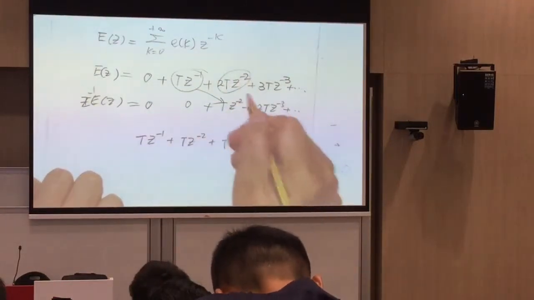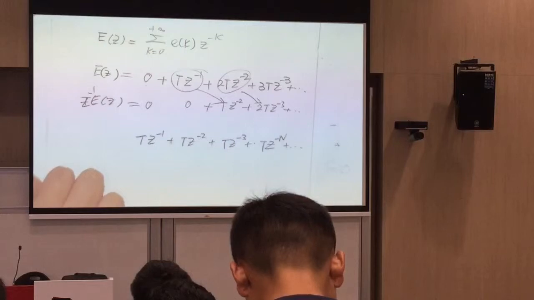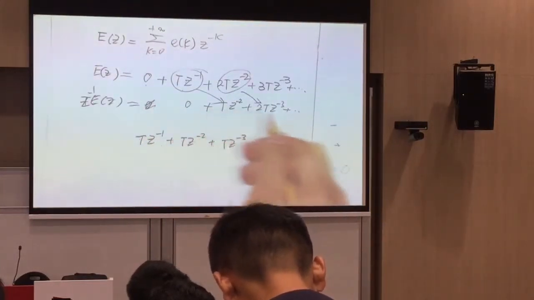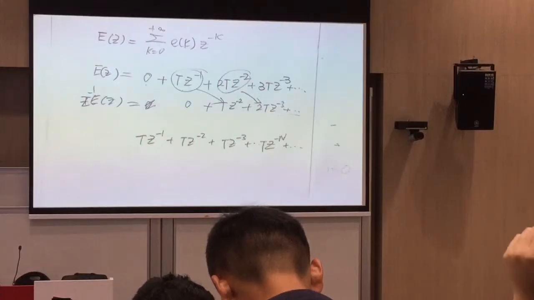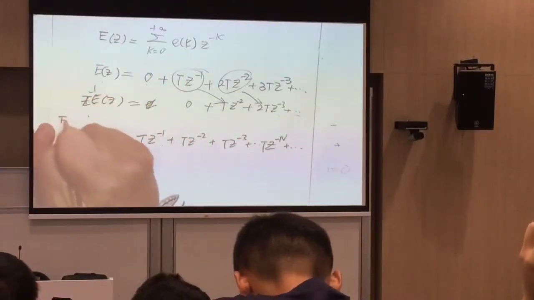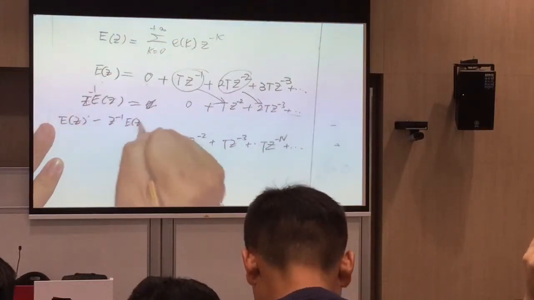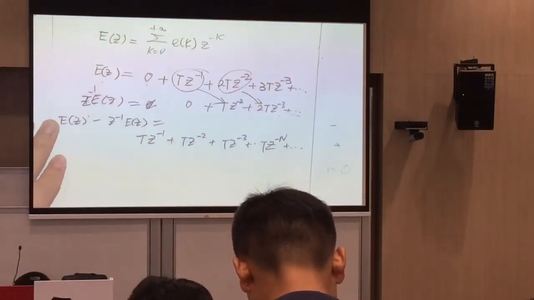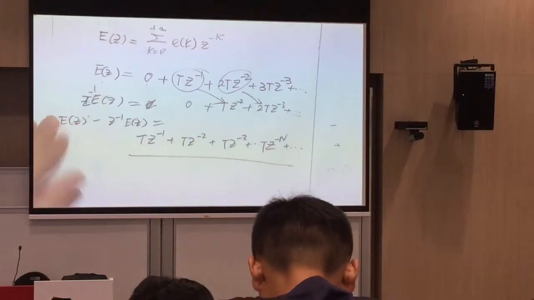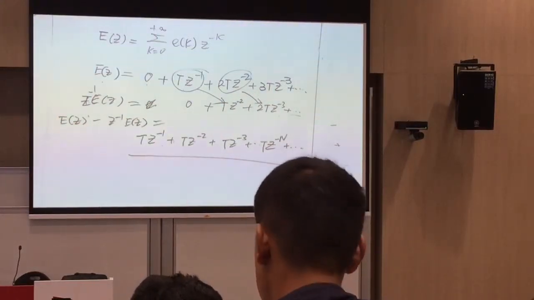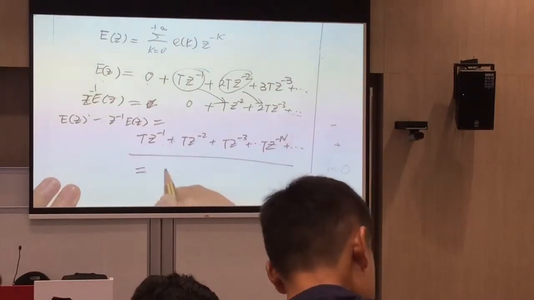And this one multiplied with z power minus 1, I get this one, right? So I get all this. So now if I use this one minus this one, I get what I want. So for this one, I'm able to calculate the summation.